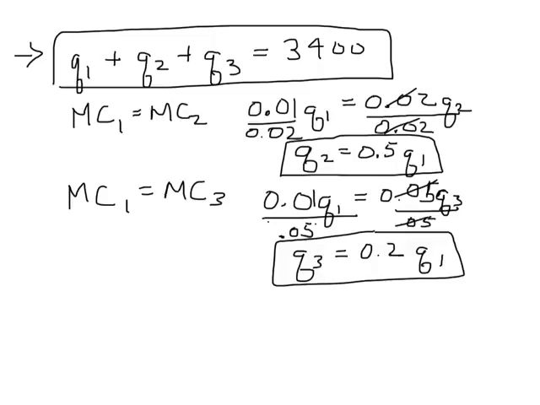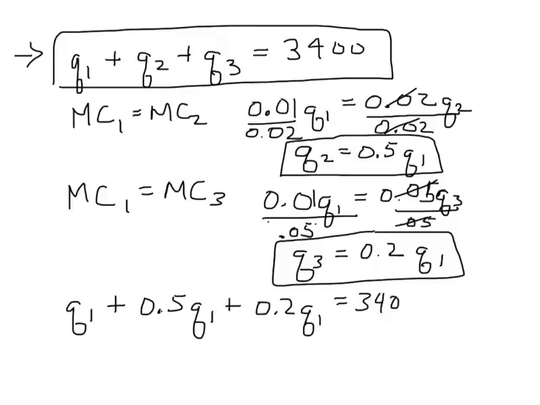So we're almost there. Q1 plus Q2, but Q2 is also equal to 0.5 Q1, and Q3, but Q3 is also equal to 0.2 Q1. All that is equal to 3,400.